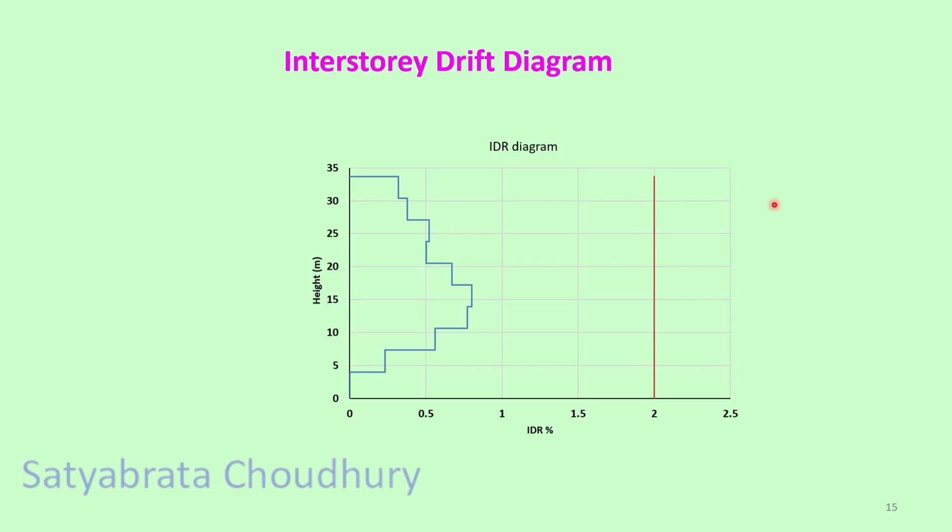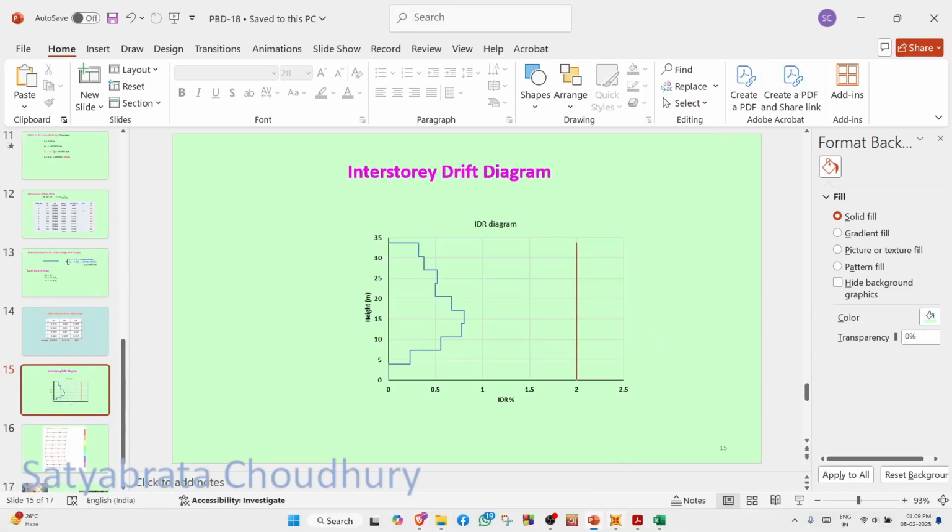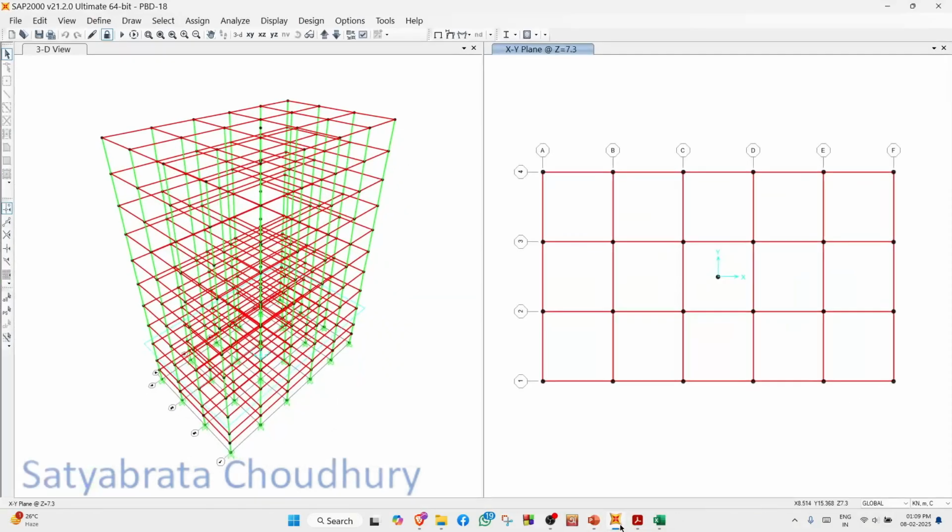Now after you calculate, let us go back to the SAP2000 software. So this is my model, this is the 3D model frame, isometric view, and this is the plan. At level it is second floor, 7.3 meters.